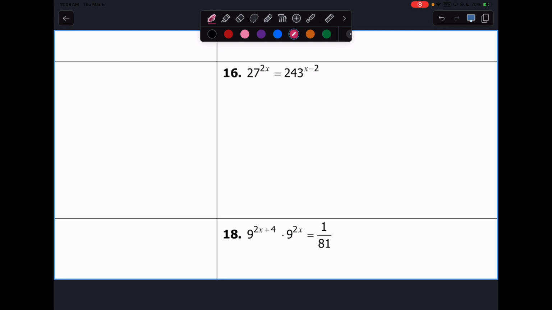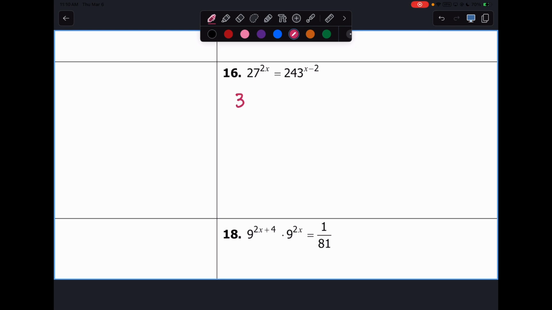Try 3 to the 5th power. What do you get? It's not magic. It's just knowing your multiples.